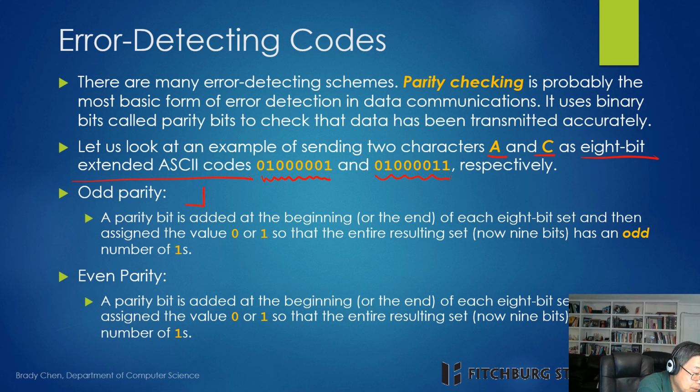Low means 0, high means 1. Low, low, low, low, low, high. So that means there's no voltage here. There's some kind of electric voltage: 0, 0, 0, 0, 0, 1.